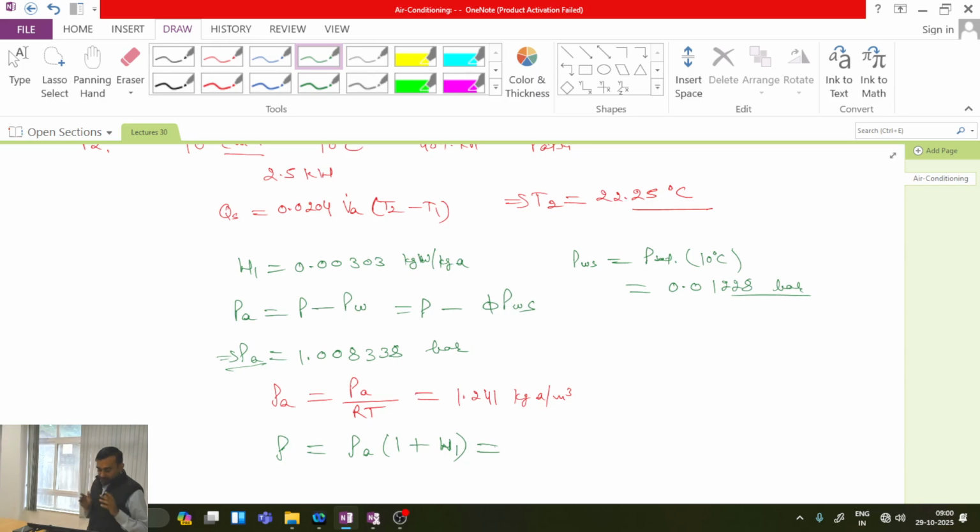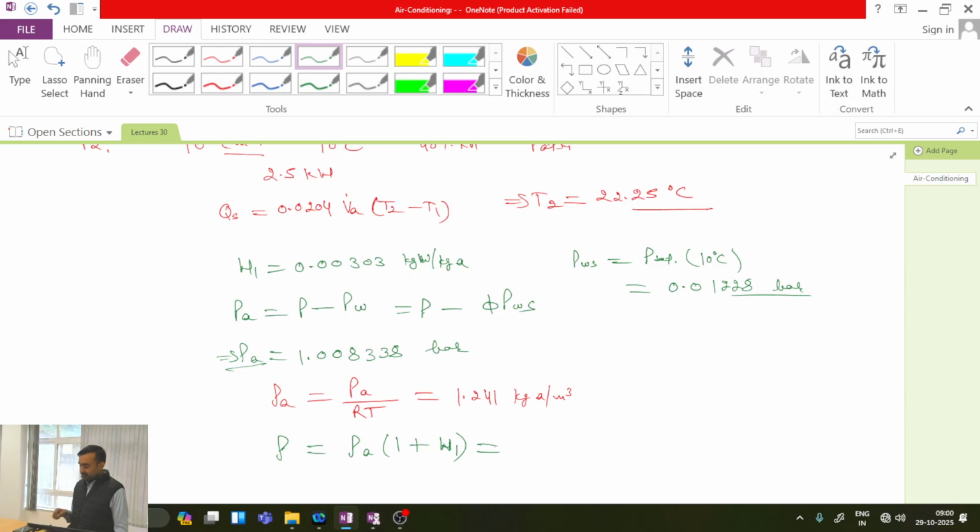Okay. So at the given condition, this is the density of the air, and along with this there will be some moisture also. So equivalent density of moist air will become density of air into 1 plus W, where W represents the mass fraction of moisture present in the unit dry air.